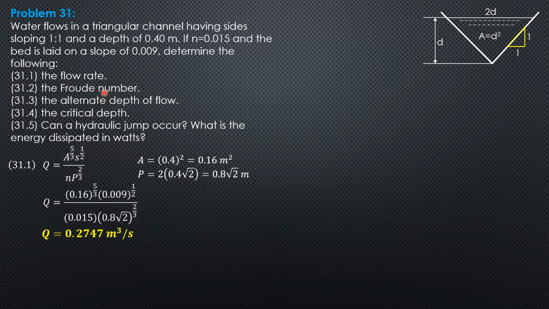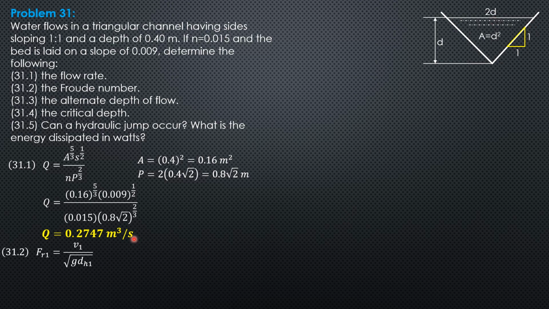So the Froude number, because this is non-rectangular, is mean velocity over square root of g times hydraulic depth. That's the formula in general for a non-rectangular section, where the hydraulic depth at section 1 is simply area, 0.16 or d square, over top width, which is 2 times the depth.